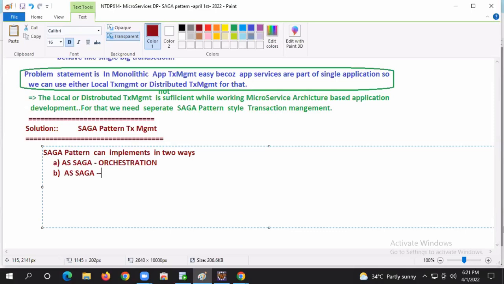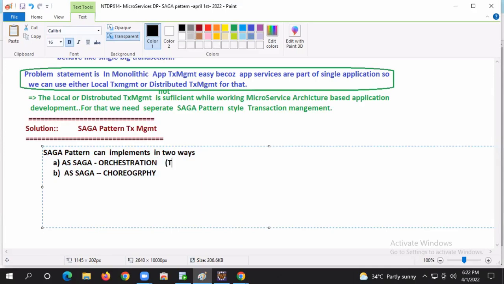SAGA choreography. As a SAGA orchestration, as a SAGA choreography.